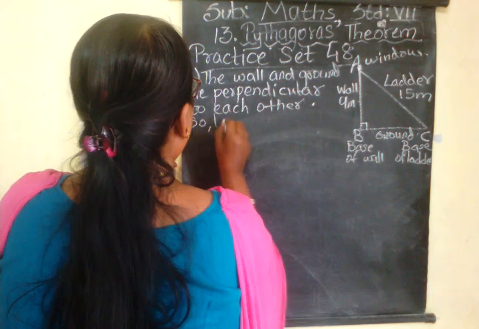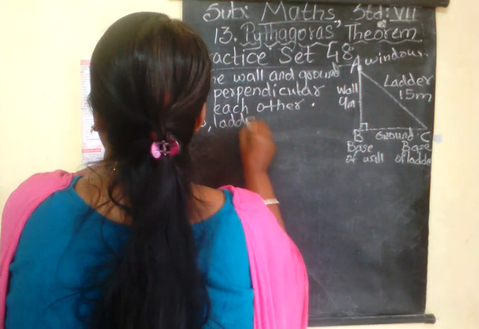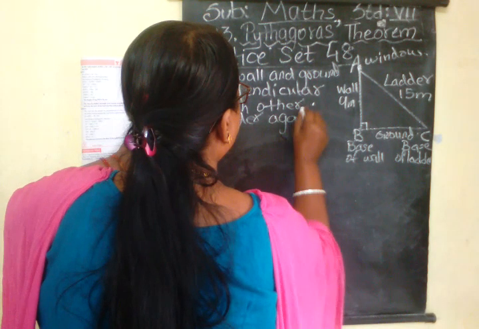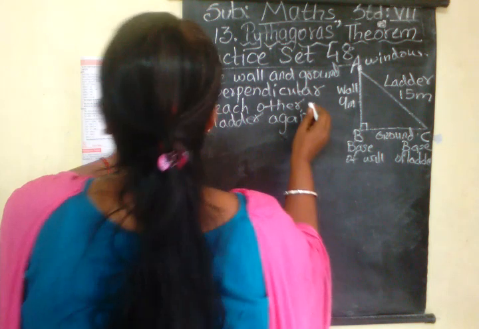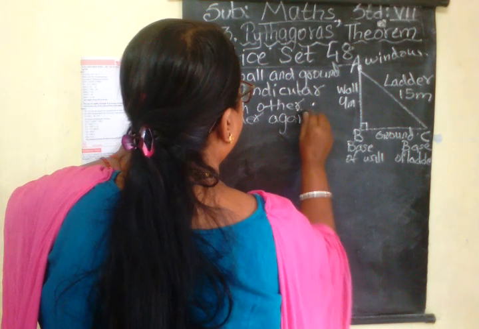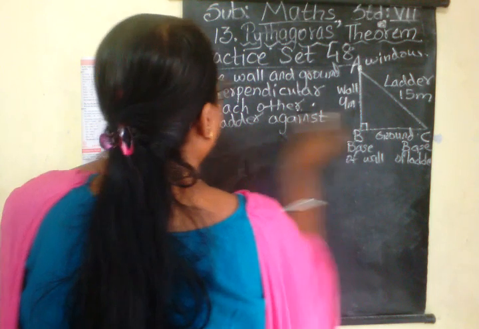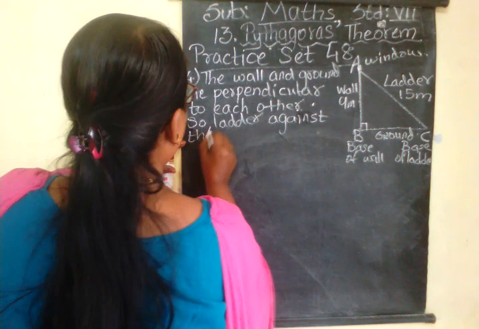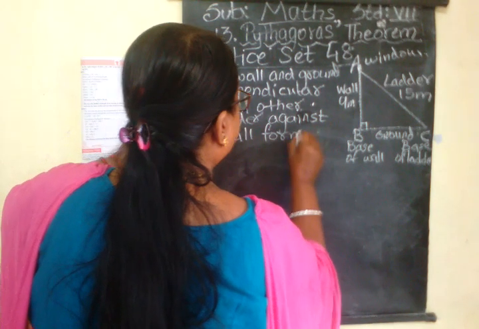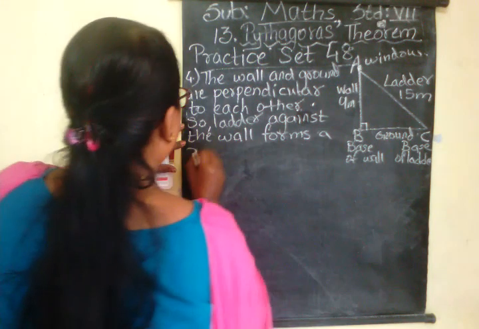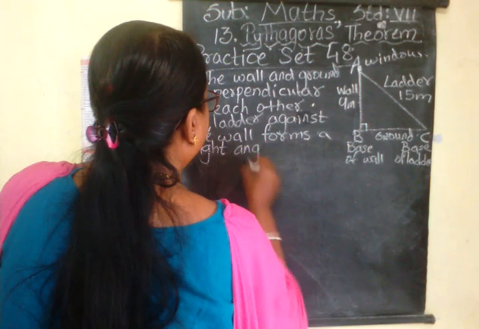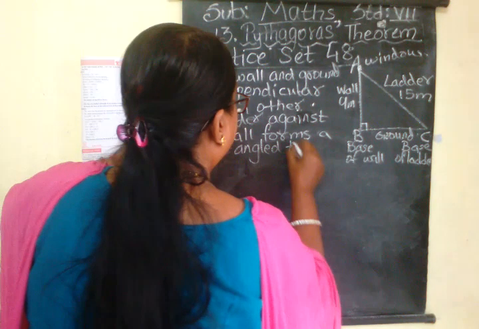So the ladder against the wall forms a right angled triangle.